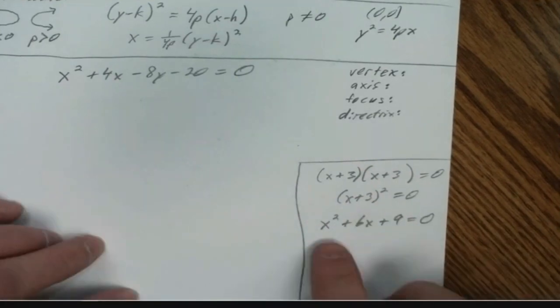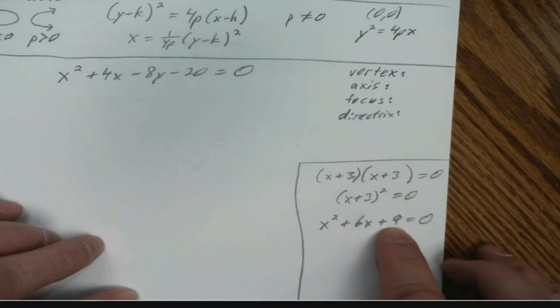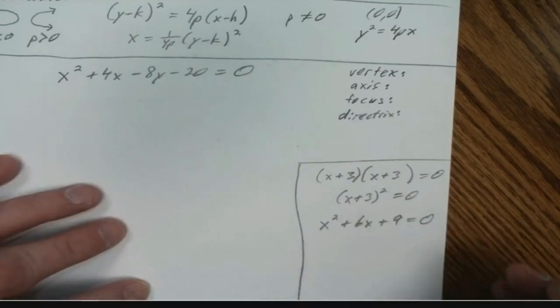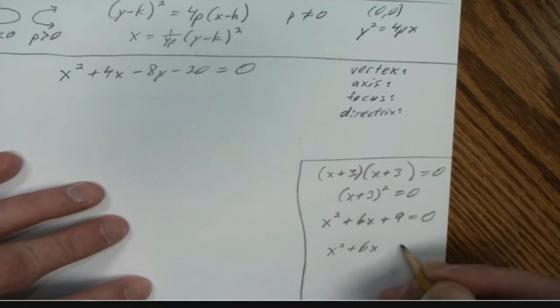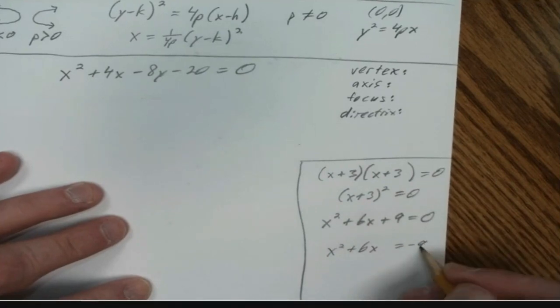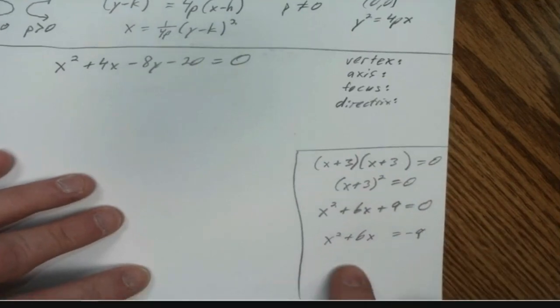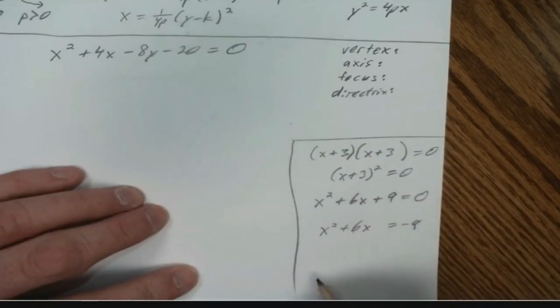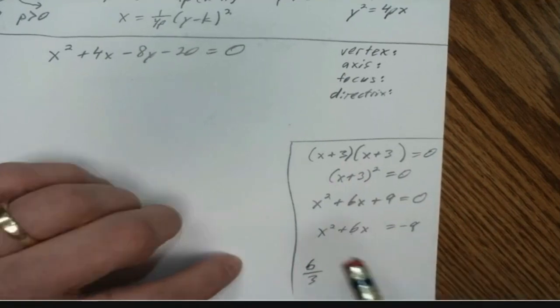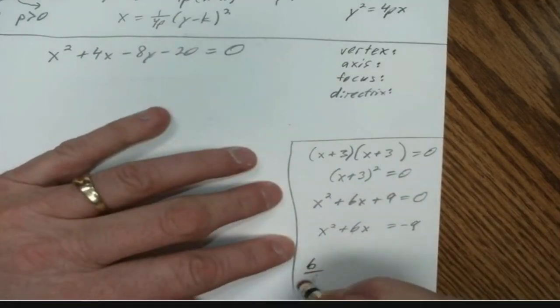Now the question is, if you start with this, how do you get that? If we just had x squared plus 6x, and it equaled, well, in this case, it would equal -9. The way you make this a perfect square is you take that middle term and you cut it in half. 6 divided by 2 equals 3.